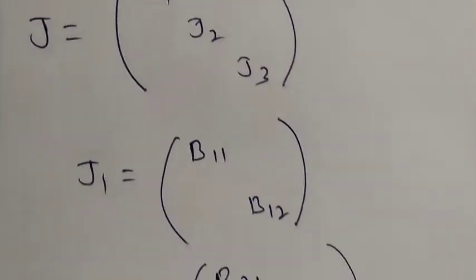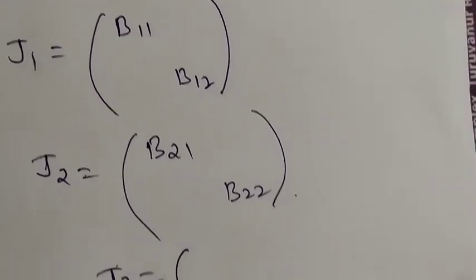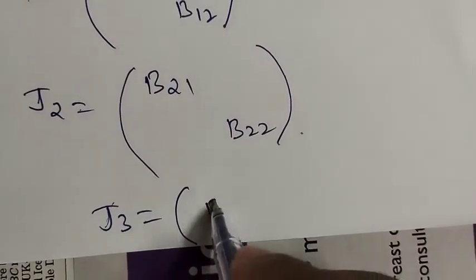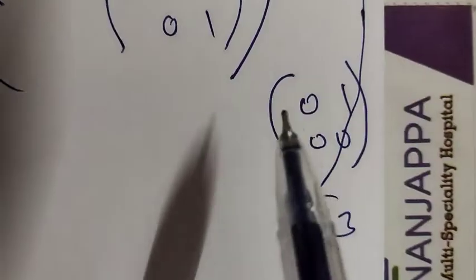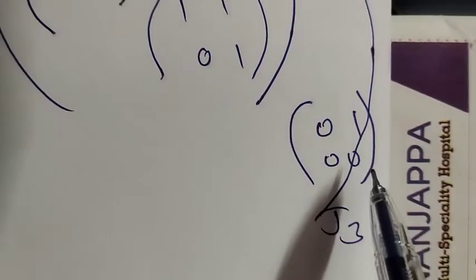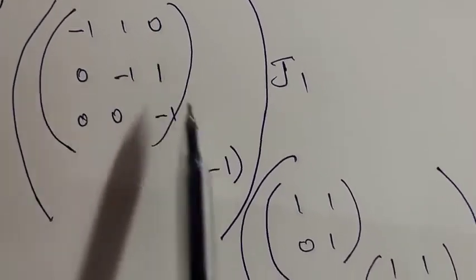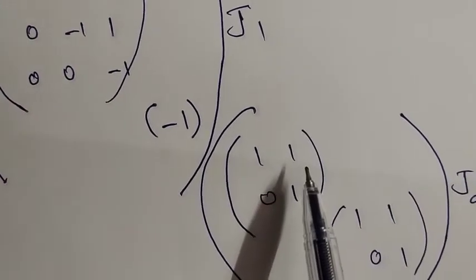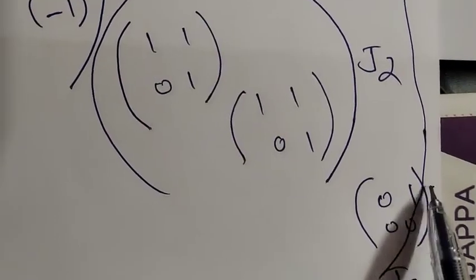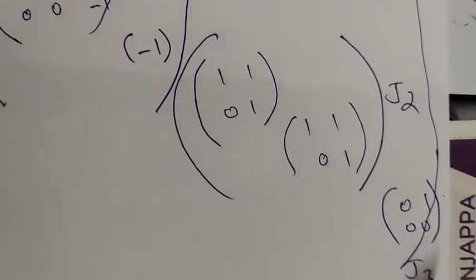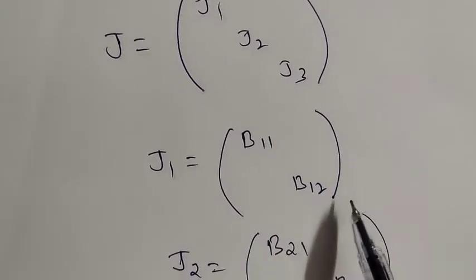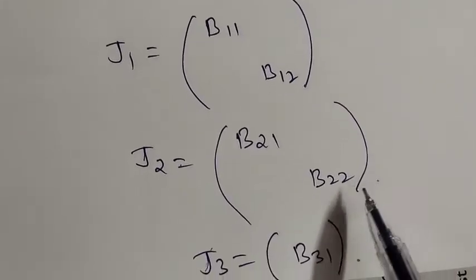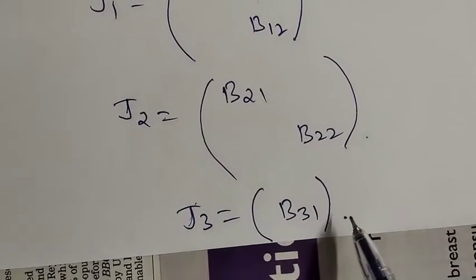Next, J3 contains only one matrix, B31, which is 0 1 0 0. Answer now: totally this is 3, 4 plus 2, 6 plus 2, 8 plus 2, a 10 cross 10 matrix, where J1 is B11, B12, J2 is B21, B22, and J3 is B31 only.